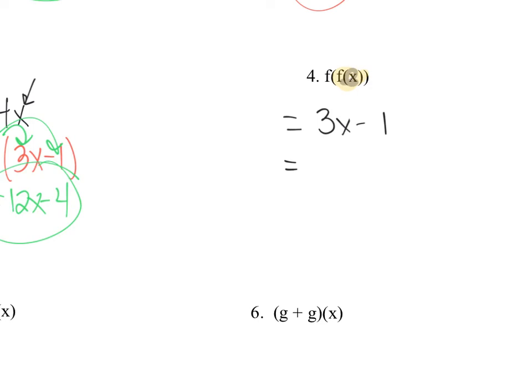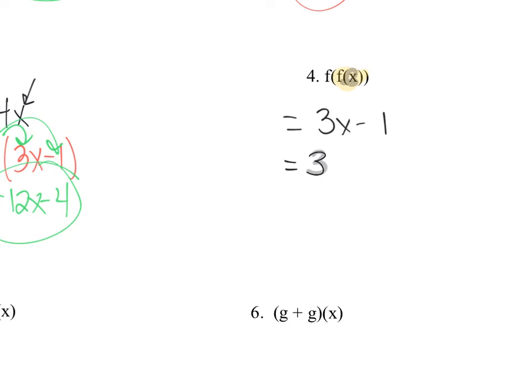So what function am I plugging in? What am I plugging in? No, I'm not plugging in 4x. Look. Thank you. I have to plug in f of x. Okay? I know you already have your f of x here, but whatever's in the middle, we have to plug in.